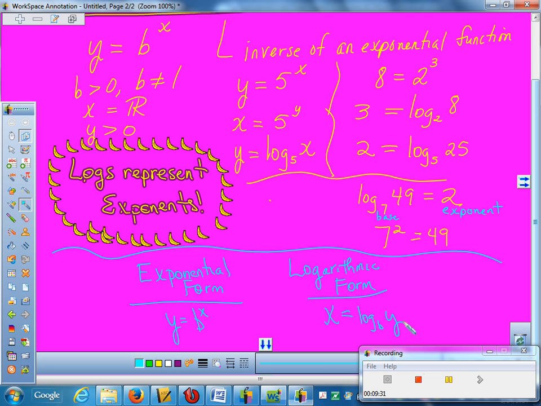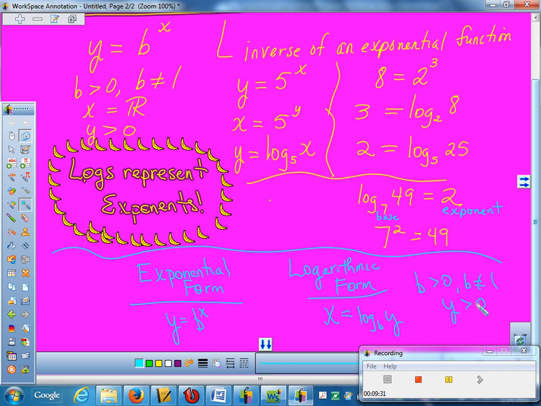The other thing I want to point out here: remember up here, when we started, we said the base had to be positive, and since it was positive, it forced y to be positive. That means down here on the log, the base still has to be greater than 0 and it can't be 1, which means y also has to be greater than 0.